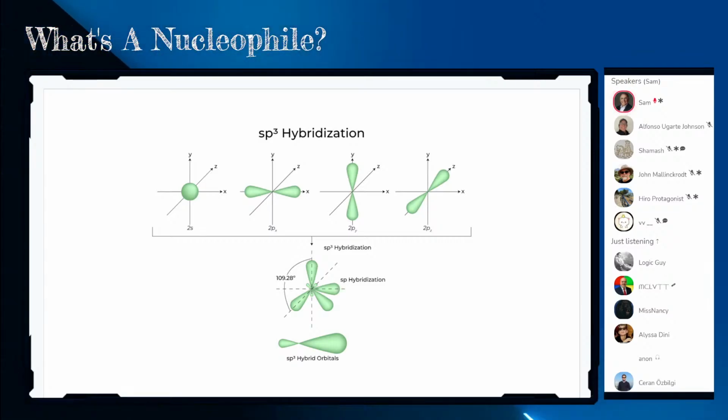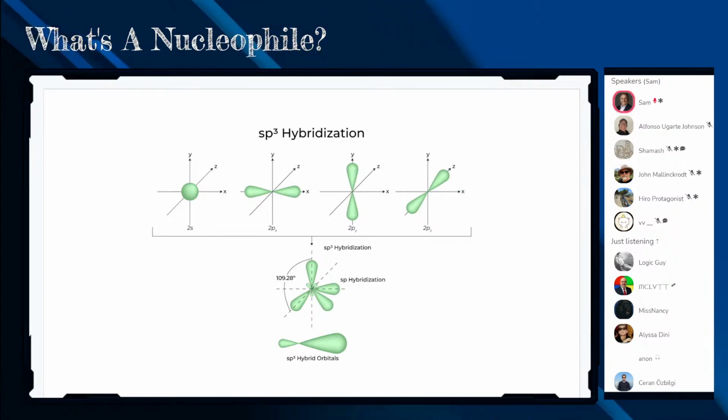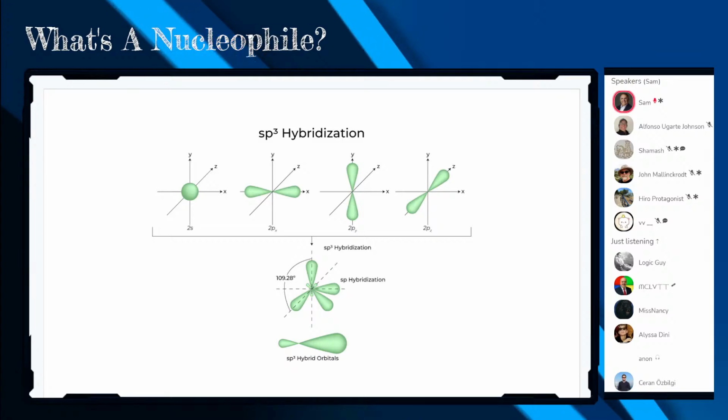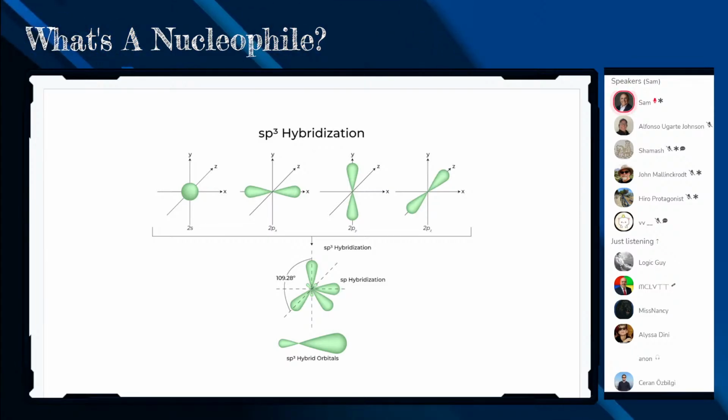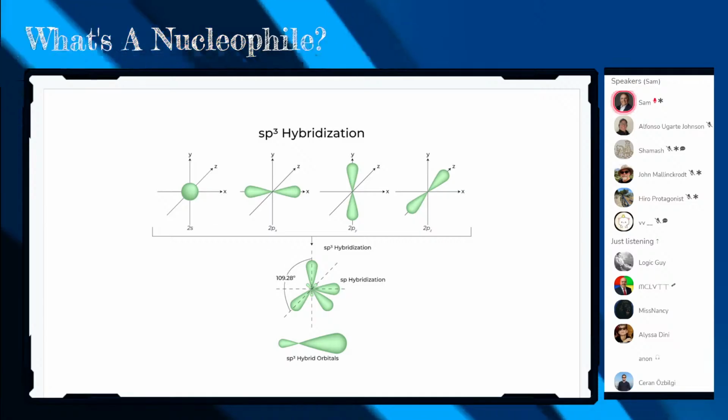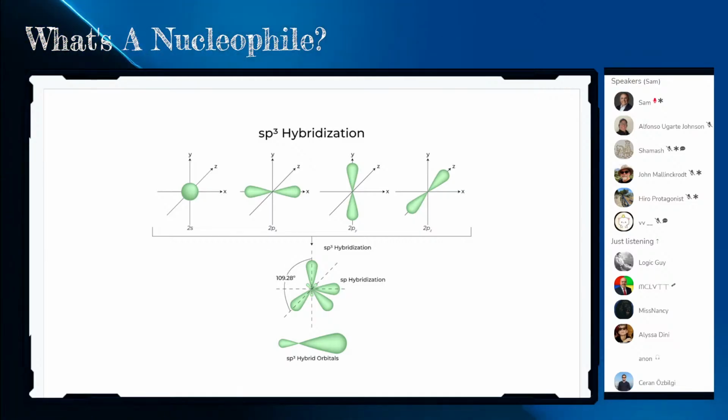Because we have one 2s orbital and three 2p orbitals involved in this hybridization, we have an sp3 hybridized carbon. So sp3 hybridized carbon has four sp3 hybrid orbitals that are oriented as shown in the middle of slide 2. The angle between two lobes is 109.28.